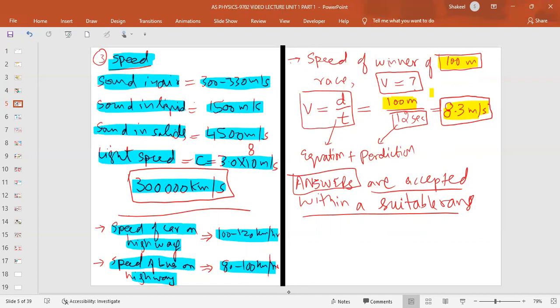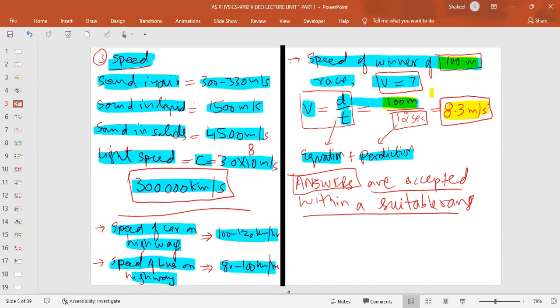Okay, now we have to solve a question that is related to equation and prediction. Let's say, what is the speed of the winner of the 100-meter race? So we have to find the speed. You'll say, okay, no problem, we can find that because we know the formula, v is d by t, and we know that the distance is 100 meter.